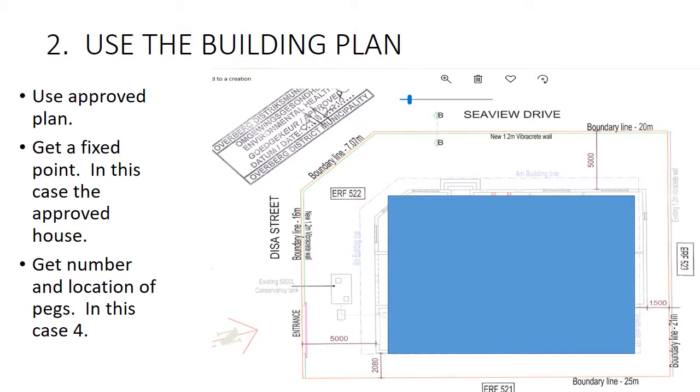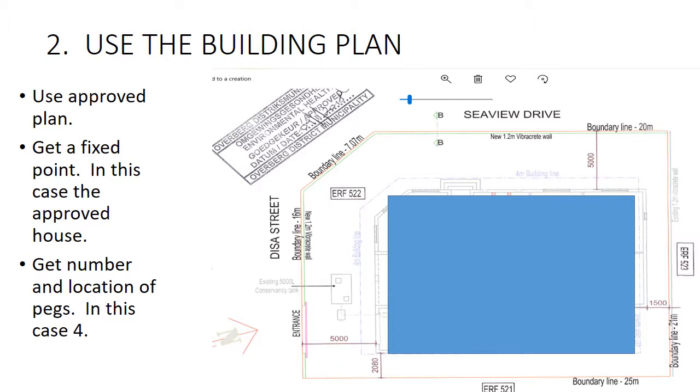You start with the building plan. Use the approved building plan because the fact is that it was approved in terms of the distances from the boundary pegs, and that will give you a very good fixed point.